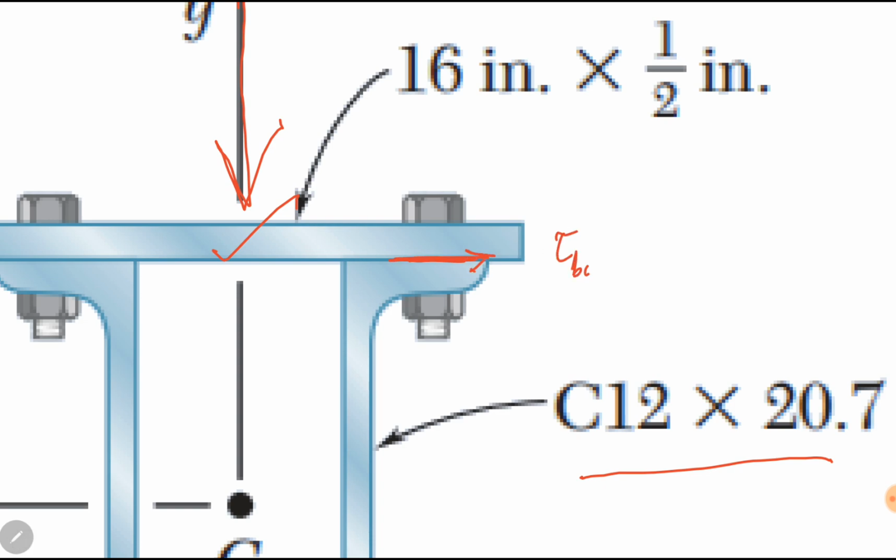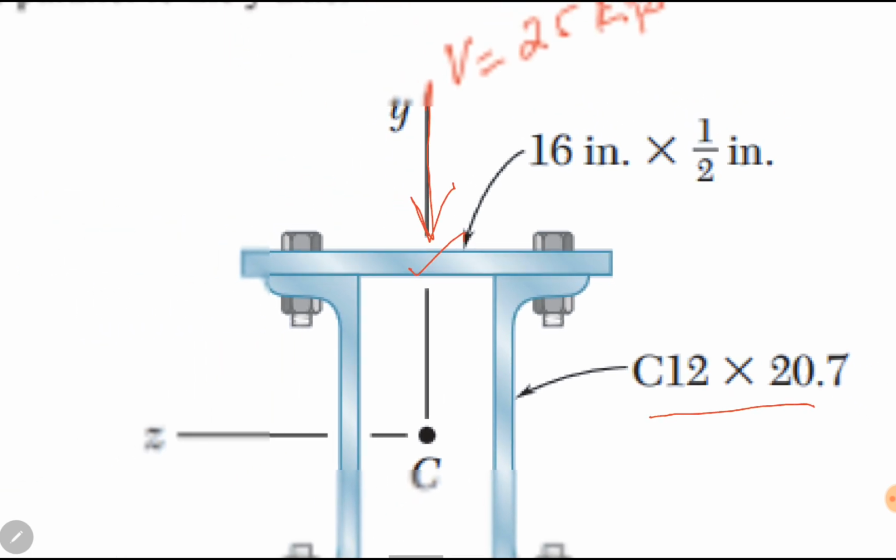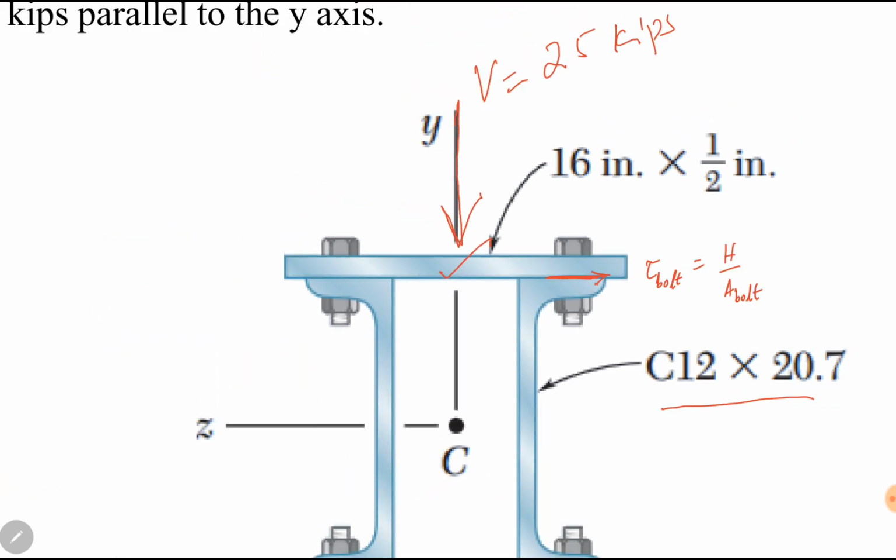This top bolt's stress will be equal to the horizontal force divided by the area of the bolt. So there are two horizontal forces between the interface of the top plate and the channel section. Here is another bolt. Here will be another shearing force.